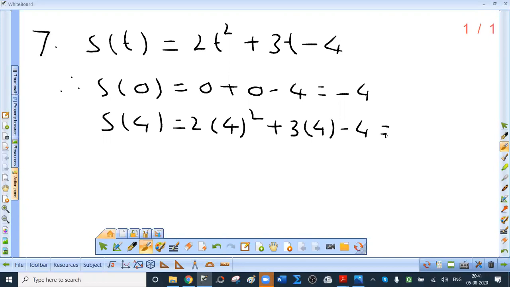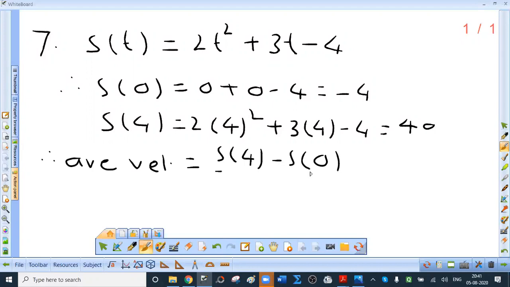Is it 40? Yes. Okay. So what is average velocity? Average velocity is nothing but s of 4 minus s of 0 upon 4 minus 0.